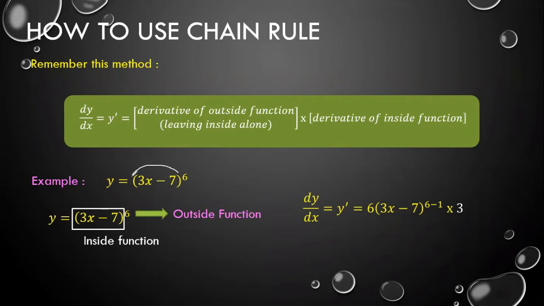Okay, so 6 will be the coefficient. You have to multiply by 3x minus 7 to the power of 6, so that's why we put 6 here. And don't forget to reduce the power by 1, right?